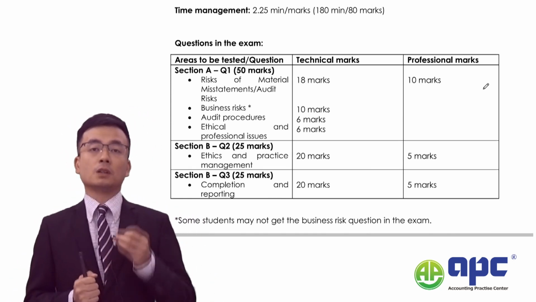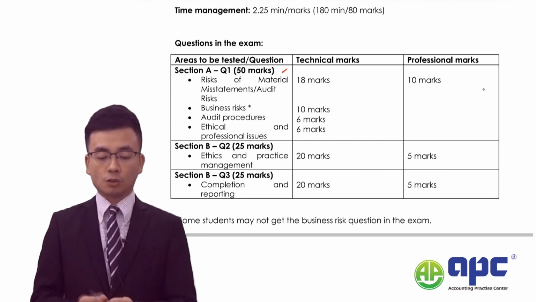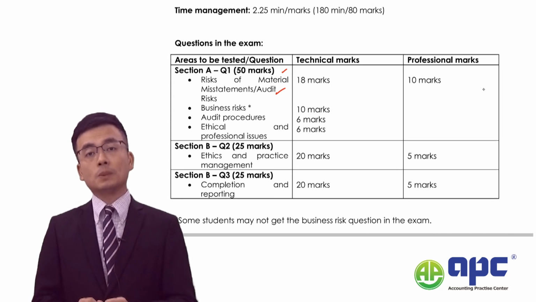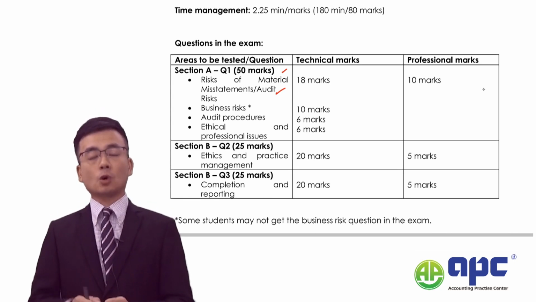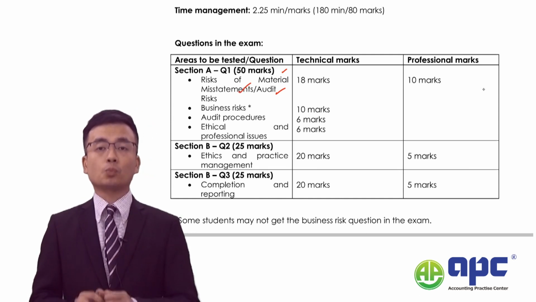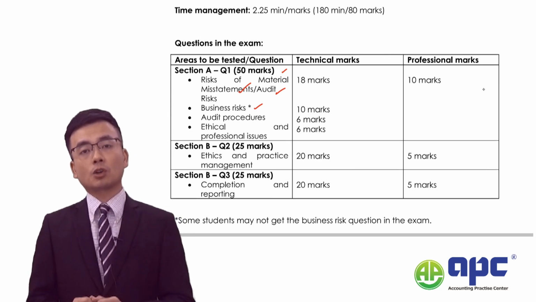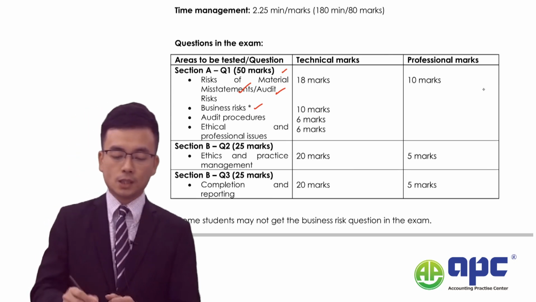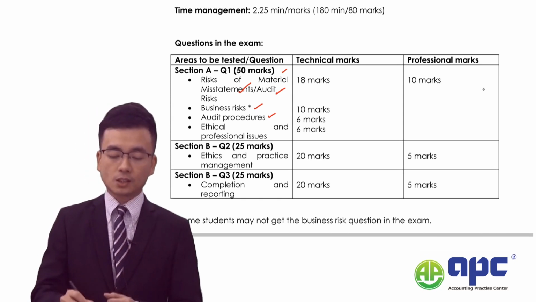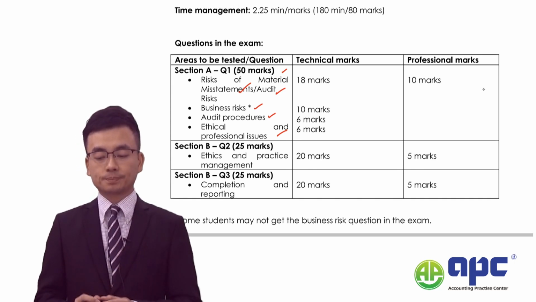As I said before, question 1 in section A will always be the risk question, where the examiner may ask you about the audit risk, commenting on the risk of this financial statement because of the detection risk, and also the risks of material misstatement without the detection risk. The examiner will also give a question about the business risk in question 1, and ask you about the audit procedures on specific items and considering the professional issues, so any areas from the syllabus.